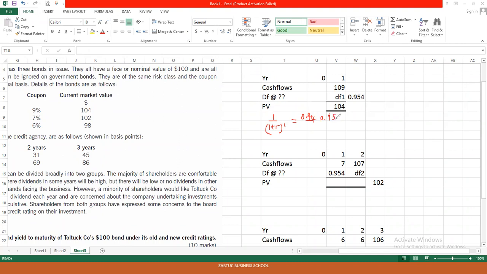So you can now solve for the rate, the discount rate, because what we want is the discount rate, which gives us this. So remember what I told you last time? You simply go 1 plus R equals 1 over 0.954.